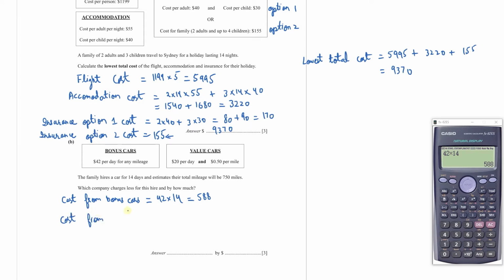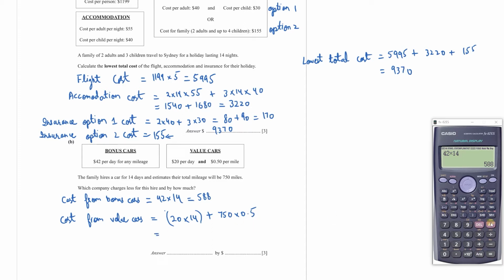And then you can calculate the cost if they hire from value cars. So cost from value cars will be 20 per day. So this will be 20 into 14 because they're hiring for 14 days, and then plus 0.05 per mile. So this will be plus 750 because their total mileage will be 750 into 0.05.